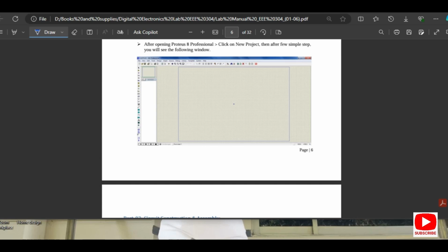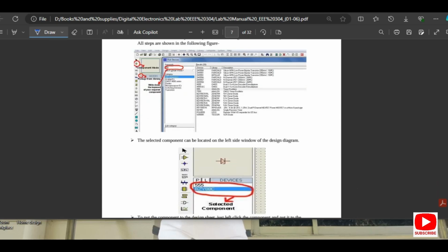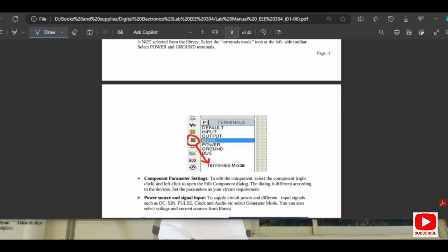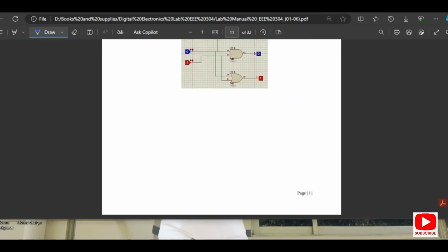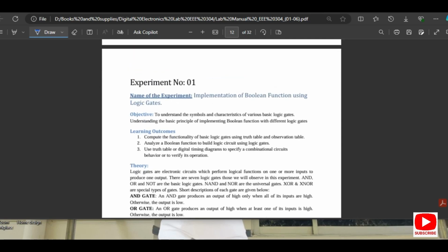We are going to develop all of our simulation projects on Proteus 8. We are going to see about that, but first of all we have to recognize some ICs to increase our system.